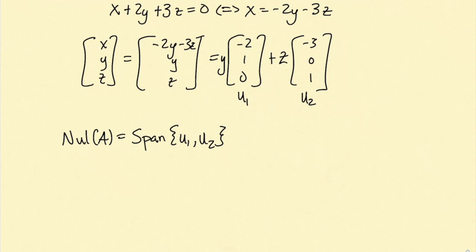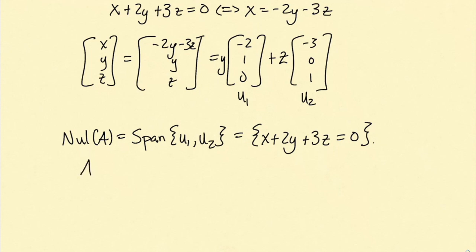Therefore, we can think about the null space of A as the plane through the origin described by either the equation x plus 2y plus 3z is 0, or as the span of these 2 vectors, u1 and u2.